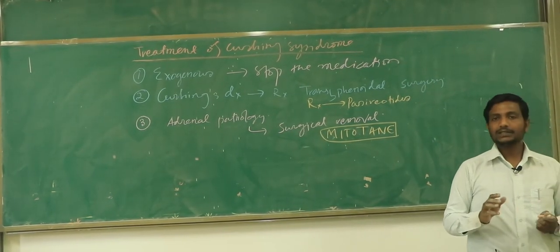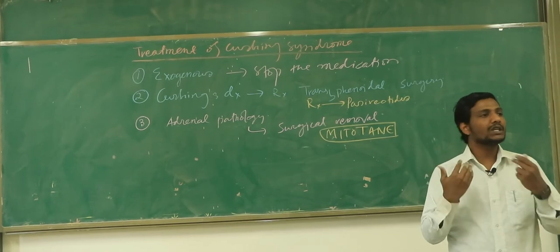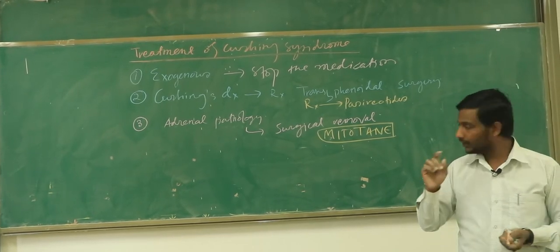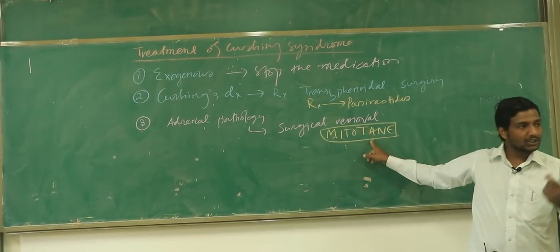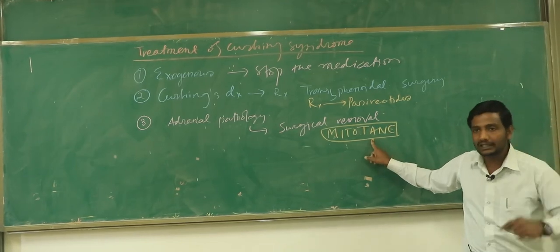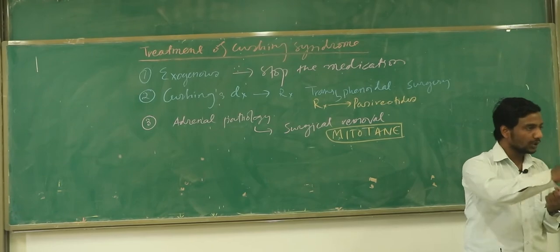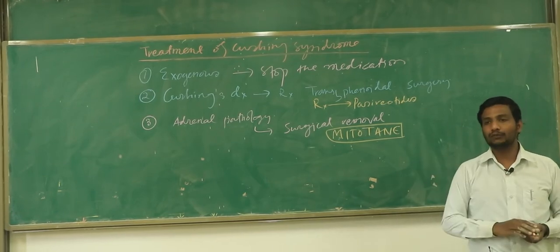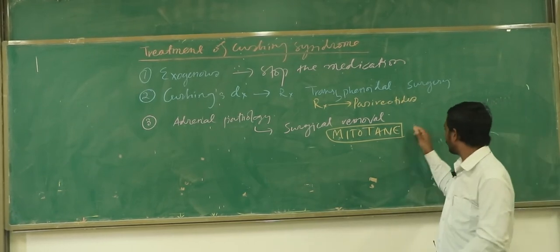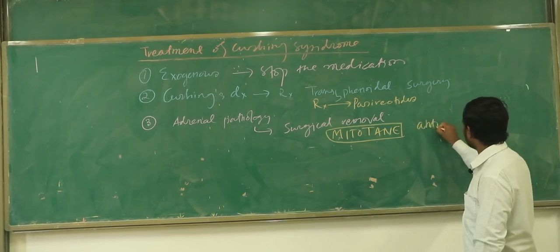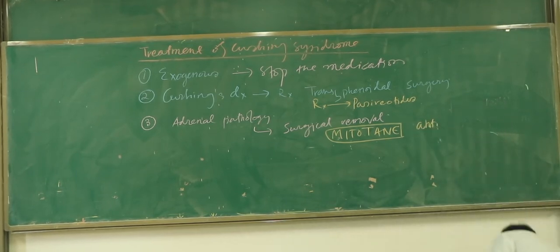Another one, it is anti-steroidogenesis. Means if we give this drug to the patient, the steroid synthesis will be decreased. What I mean is the adrenal gland will not be able to produce cortisol, will not be able to produce any kind of steroid. So this is an example of anti-steroidogenesis.